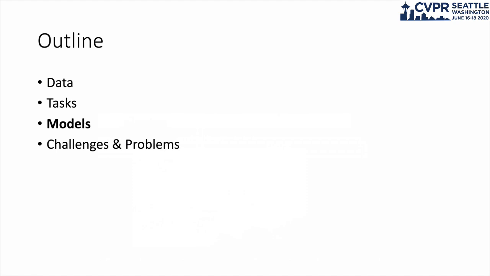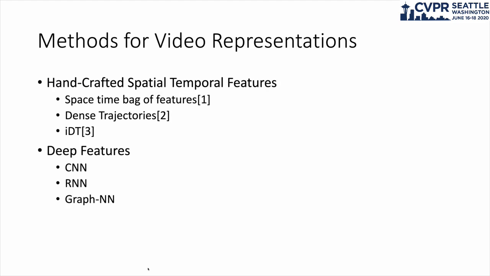Let's spend some time to look at important and popular models for these tasks. Before the emergence of deep learning, people had already started to look at this problem of human activity understanding. There are a lot of works proposed to deal with this problem, and the most representative of them are handcrafted spatial temporal features like space-time bag-of-features, dense trajectories, and its improved version, improved dense trajectories.